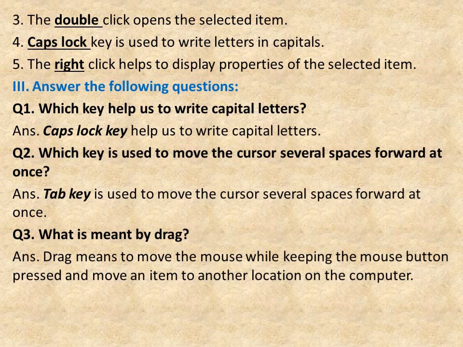Answer is tab key is used to move the cursor several spaces forward at once. Question number 3. What is meant by drag? The answer is drag means to move the mouse while keeping the mouse button pressed and move an item to another location on the computer.